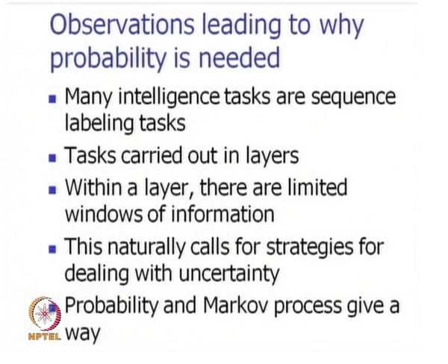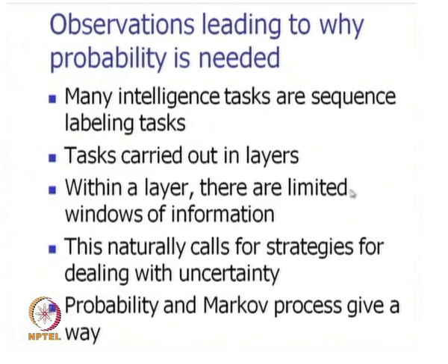All right. So, as we mentioned last time, natural language processing happens at many layers. Many intelligence tasks are actually sequence labeling tasks, and these tasks are carried out in layers.